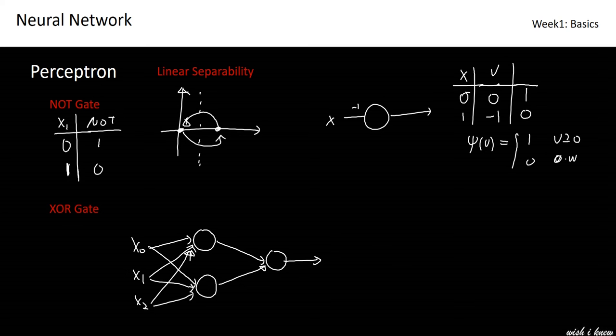Then by finding the correct weight vectors, we can implement the XOR gate using these 3 perceptrons. I'll leave this as a homework problem.